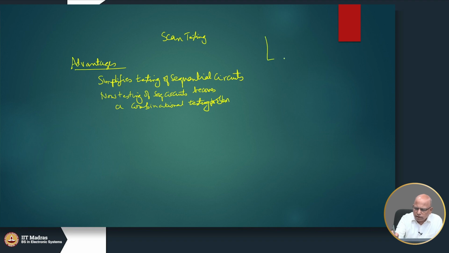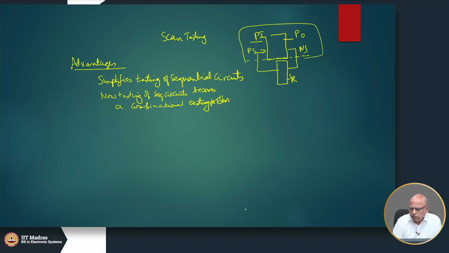So, if I have PI, PO, next state, present state, state register, the ATPG tool will look at this part, which is the combinational logic, and it already knows how to generate tests for the combinational logic.